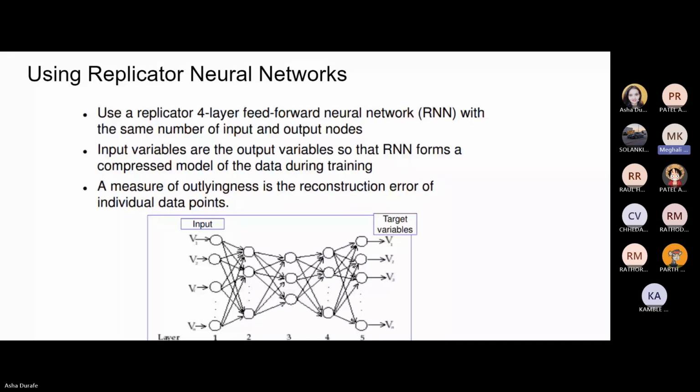What are the input variables and output variables? How the model can remain compressed, that care you have to take, so that is very much important. These are designed for time series data, so you have to check whether they are suited for implementation on the flight deck to provide real-time anomaly detection. All these things you have to understand in the case of RNN.